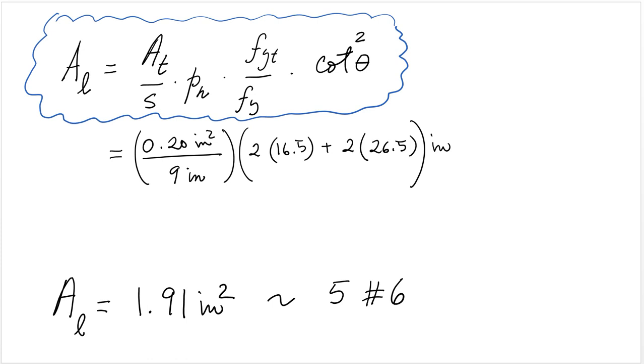This ratio here is 1 because we're using the same reinforcement for transverse and longitudinal. Both have 60 ksi yield stress. And since theta is 45 because the beam is non-pre-stressed, this is also 1. So Al simplifies to this equation down here, which gives us 1.91 inches square, which is approximately 5 number 6.